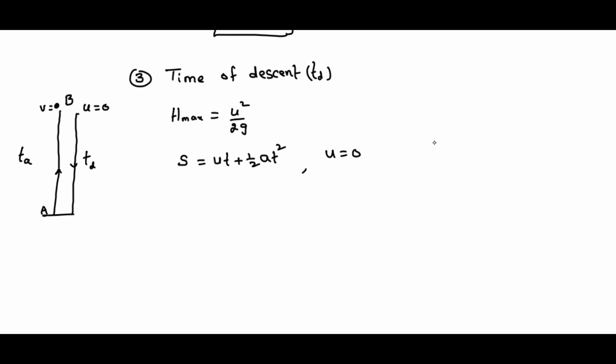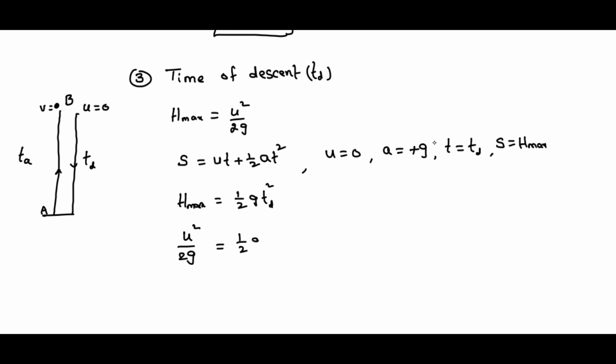So u is equal to 0, a is equal to plus g, t is equal to time of descent, and s is nothing but H maximum. Therefore, H maximum is equal to half g t square, and this H maximum is u square by 2g, which is equal to half g t d square.